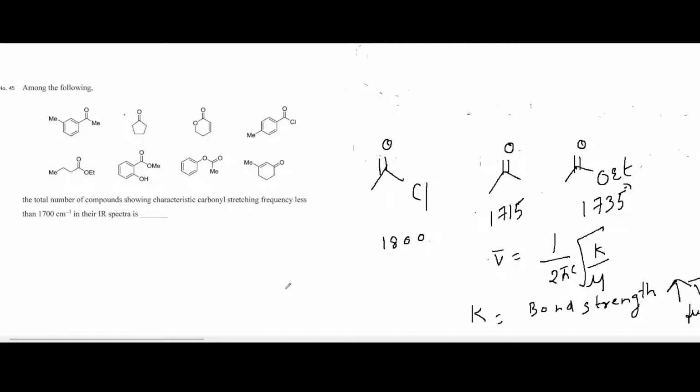Whenever a compound is in resonance, think about an ester, or think about any conjugated carbonyl group, the electrons will shift to this side and then go to that side. As a result, the bond strength character will decrease to a slight extent.